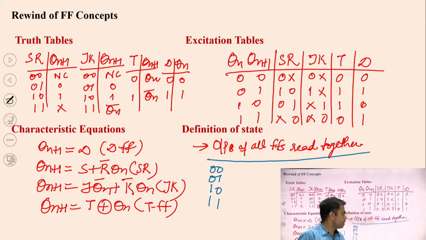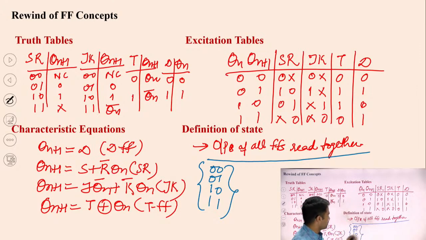But maximum for two flip-flops can be 4, for 3 flip-flops maximum 8, for 1 flip-flop maximum 2 only. So this is the basic of state.